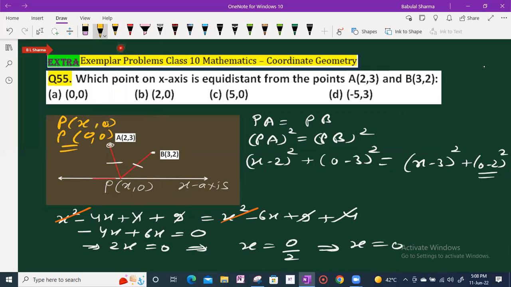So P point will be 0, 0, means वो point P इसके कोऑर्डिनेट 0, 0 है, जिसका डिस्टेंस A means 2, 3 and B point with coordinates 3, 2 equal है. That point will be 0, 0, means origin होगा. So which is the correct answer here? That is why A is the correct option here.